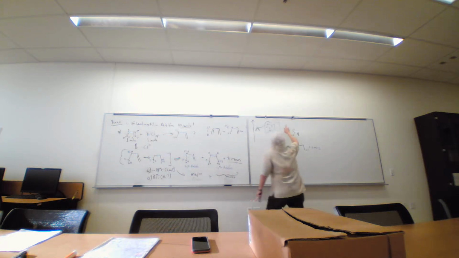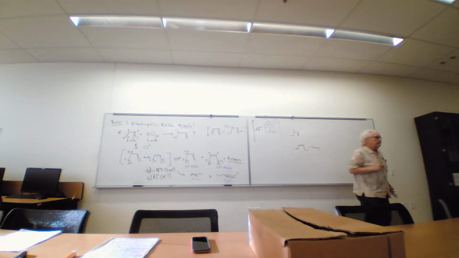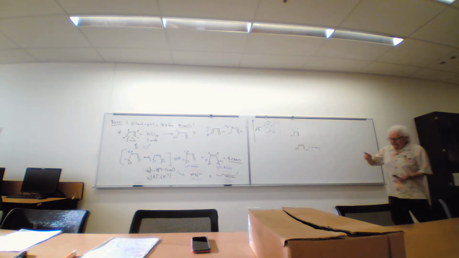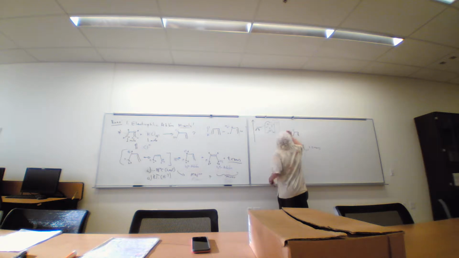At minus 78 though, it's not reversible. At minus 78, the energy of activation of the reverse process, that EA to go back to the starting material, is too high.